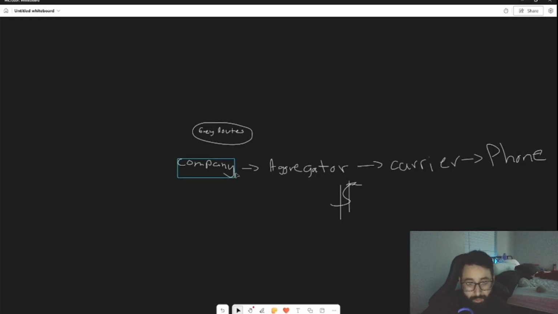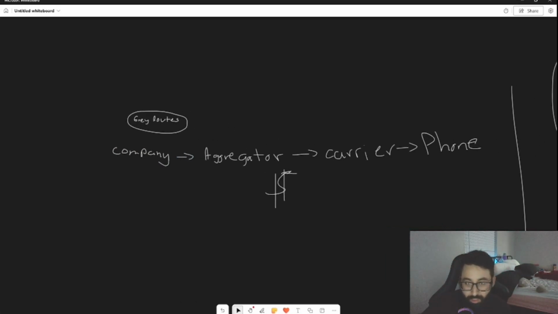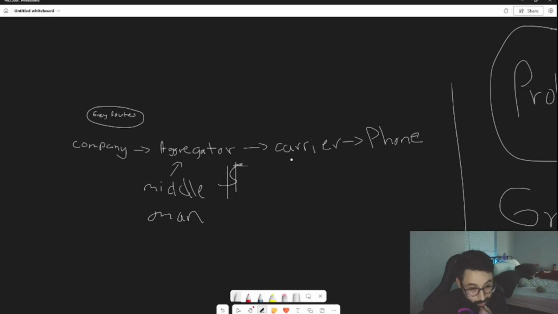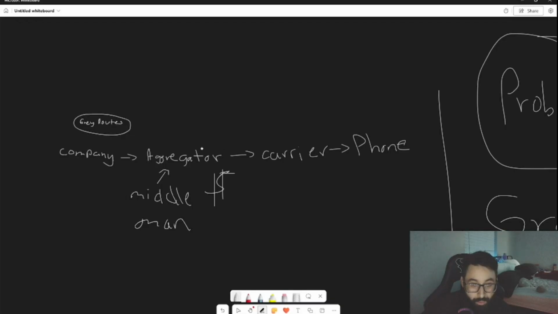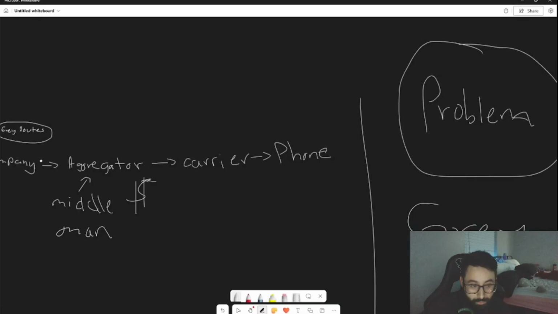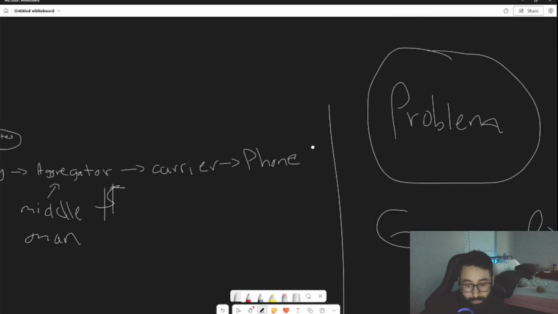So with gray routes, a company will use an aggregator, and an aggregator is a middleman. What they do is route for a telecom company, from a company to a carrier, and then the carrier will go to your phone.